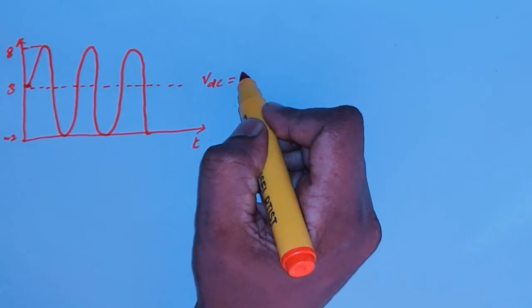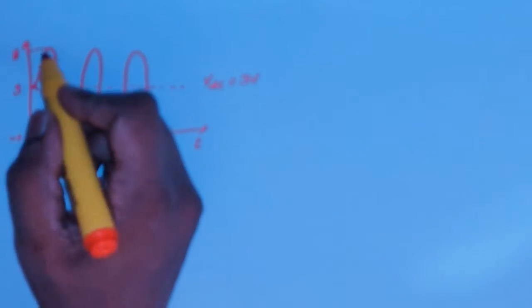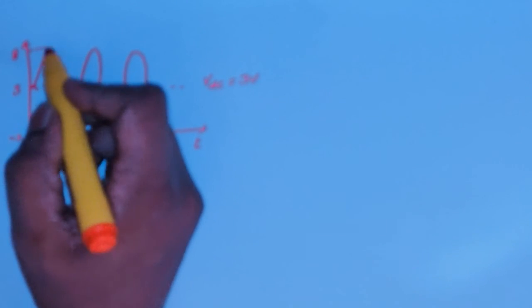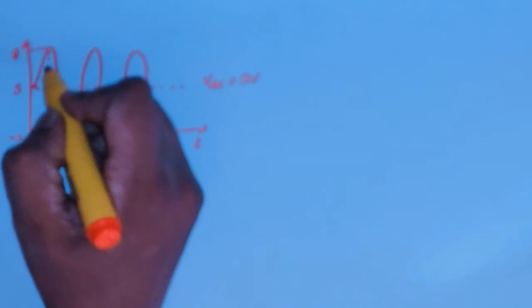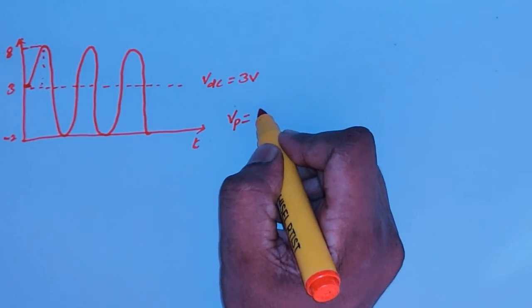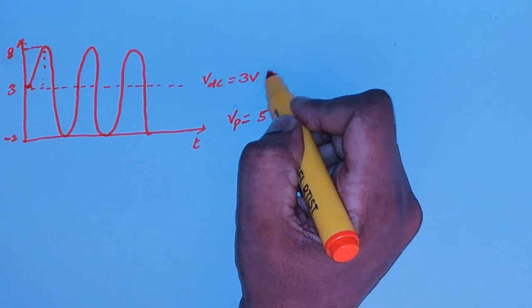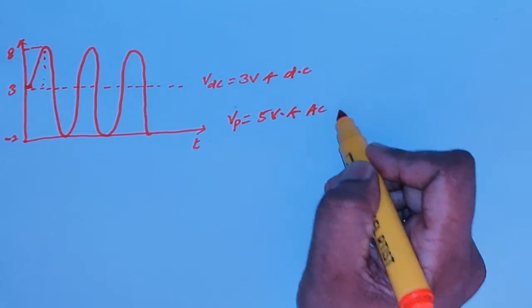VDC is equal to 3 volt. The maximum amplitude of the AC voltage, that means the peak amplitude, if you calculate from the 3 volt, will be 8 minus 3, which is 5. It's 5 volt. This is the AC peak voltage, this is the DC voltage.